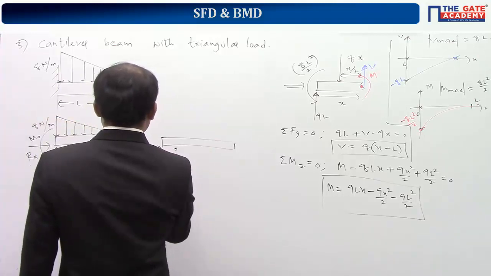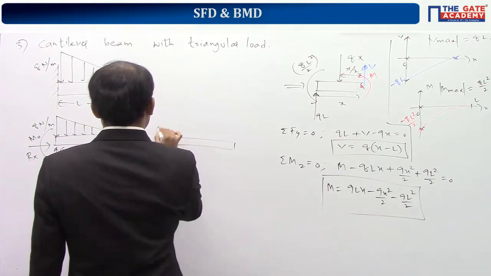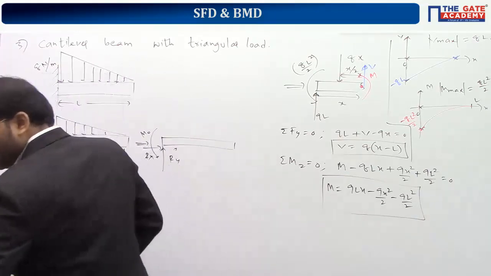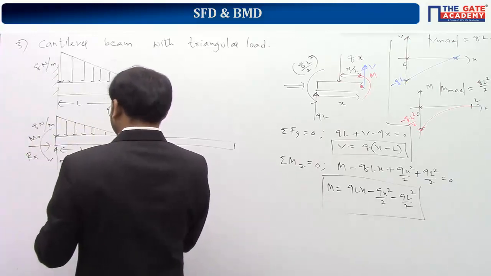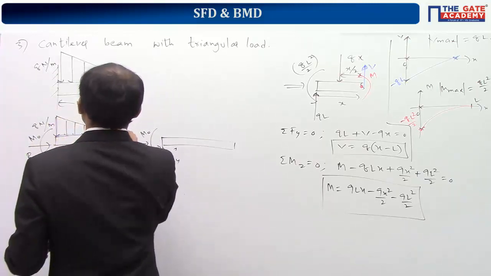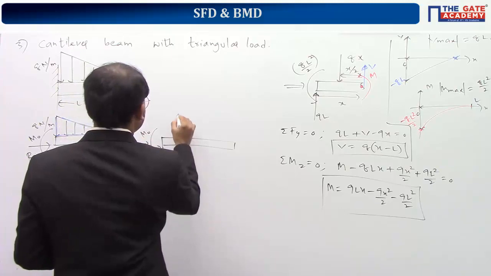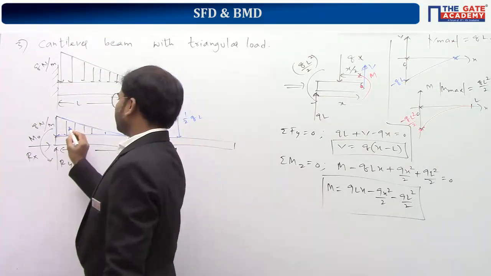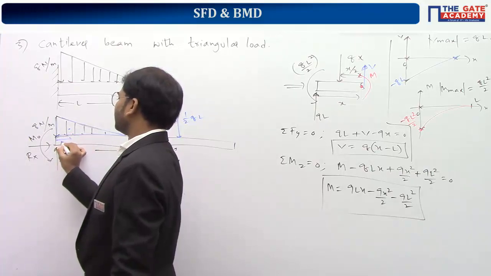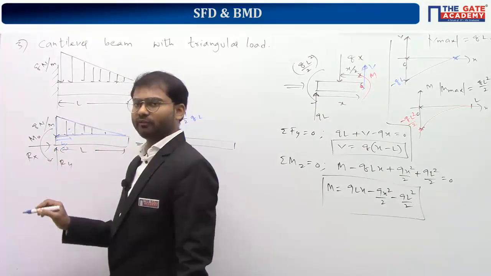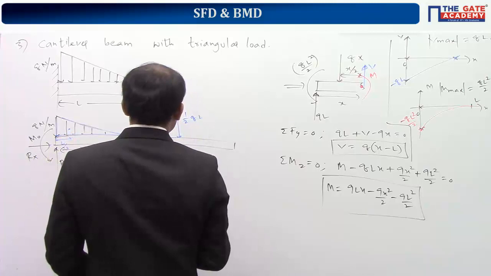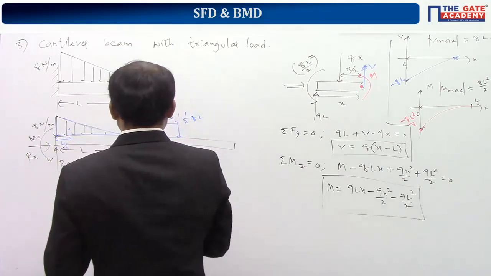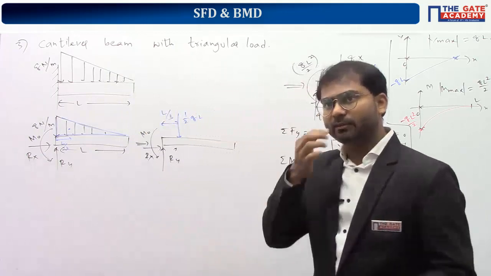So we have Rx, Ry and M naught. The total force due to this load is the area of the triangle, half Q into L. For a right triangle, the centroid is at L by 3 from the left side. So for this, may I know the values of Rx, Ry, M naught?